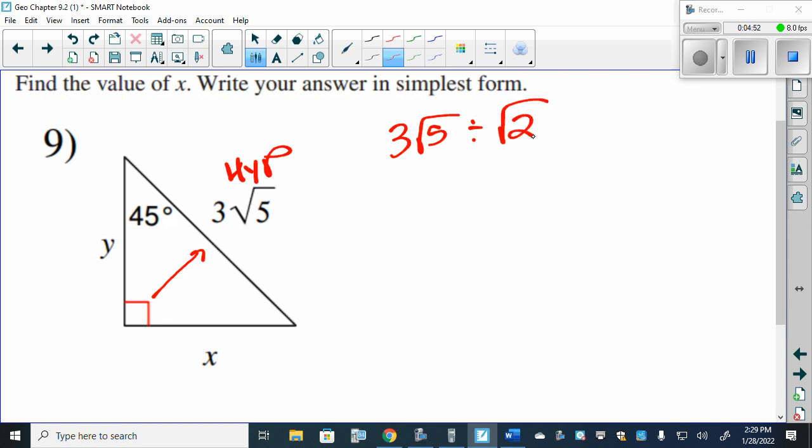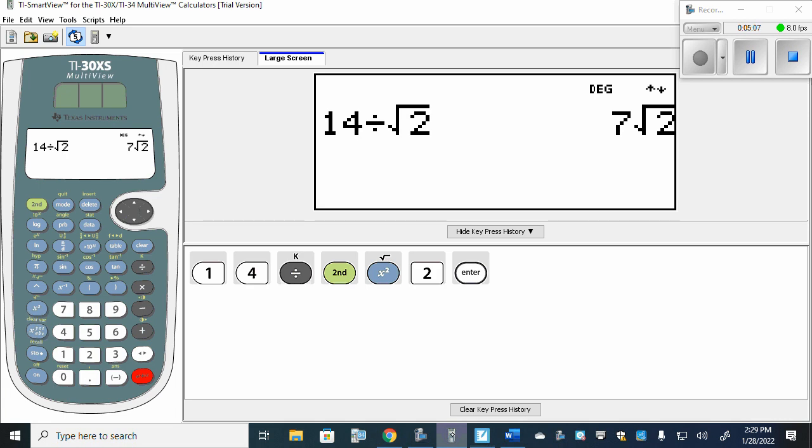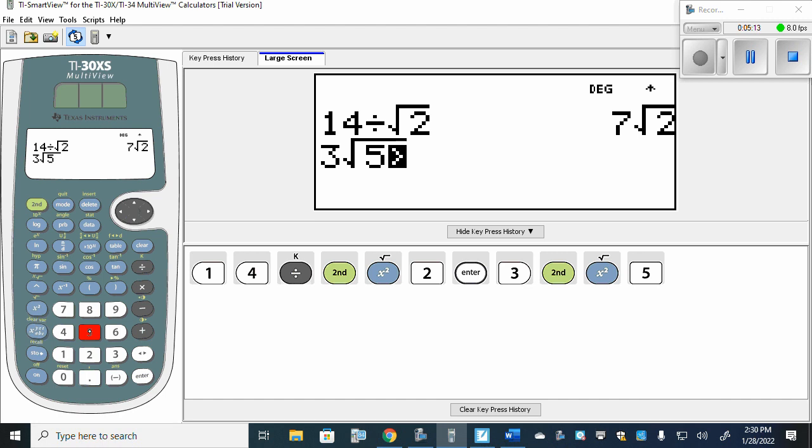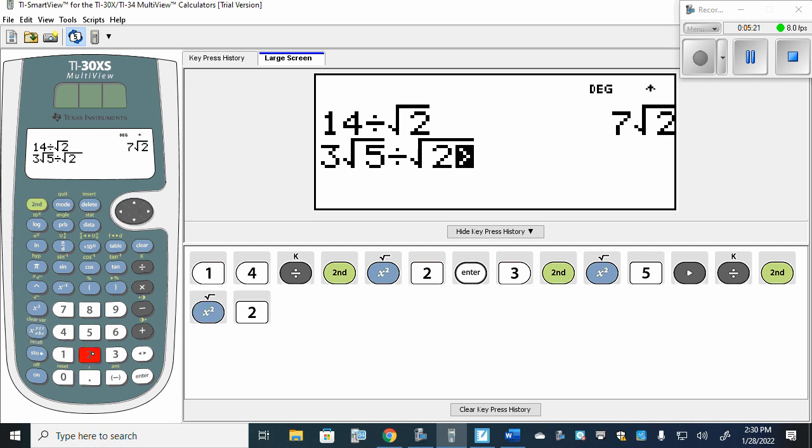Because if we're given the hypotenuse, to get the other two legs, we divide by the square root of 2. So we can take 3 square root of 5 divided by the square root of 2. We can have it in either form. And we can take our calculator and type 3 square root of 5 divided by square root of 2.